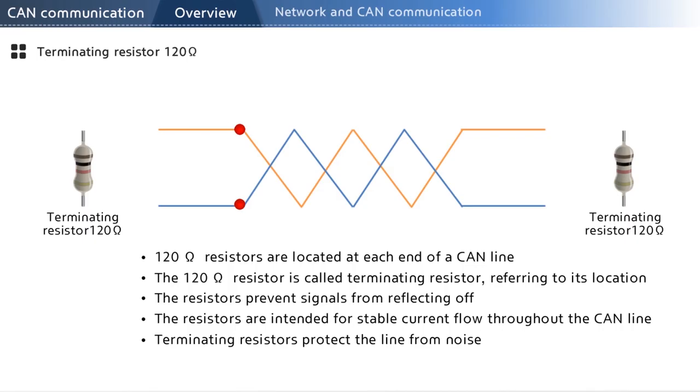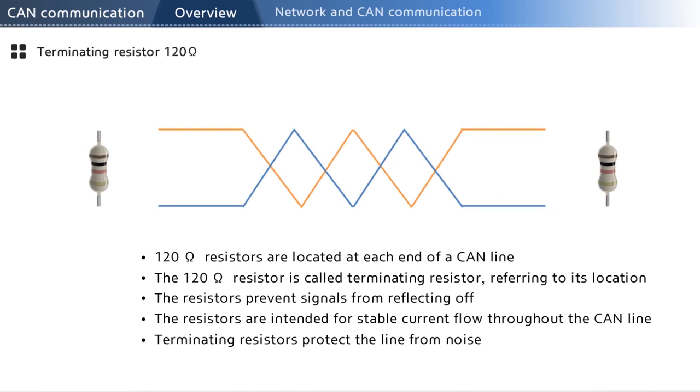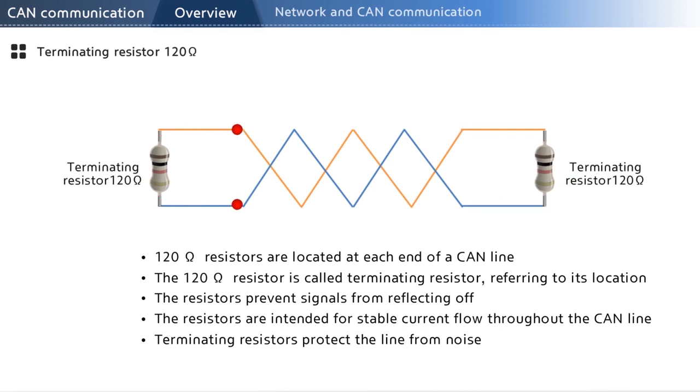It is important to prevent the reflection, especially in CAN, where high-frequency communications are processed. Placing the terminating resistor of 120 ohm at wire ends ensures constant current flow, reducing the signal reflection and making the network more noise resistant.